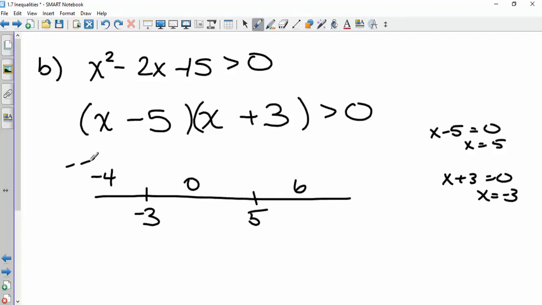If I plug in -4, -4 minus 5 is negative, -4 plus 3 is negative, negative times negative is positive. If I plug in a 0, 0 minus 5 is negative, 0 plus 3 is positive, negative times positive is negative. I plug in a 6, 6 minus 5 is positive, 6 plus 3 is positive, positive times positive is positive.